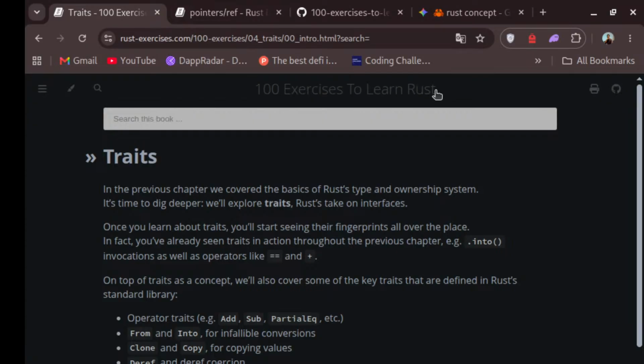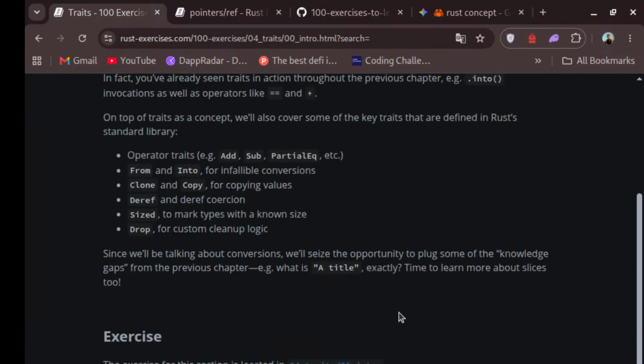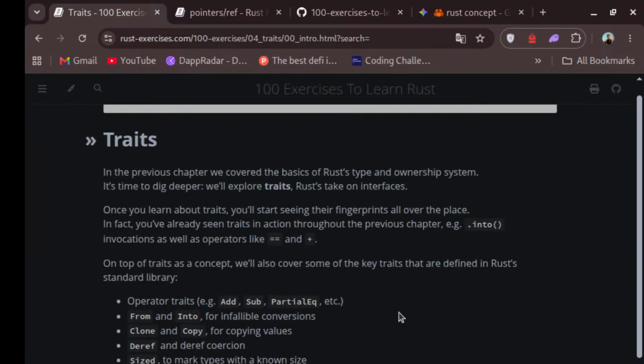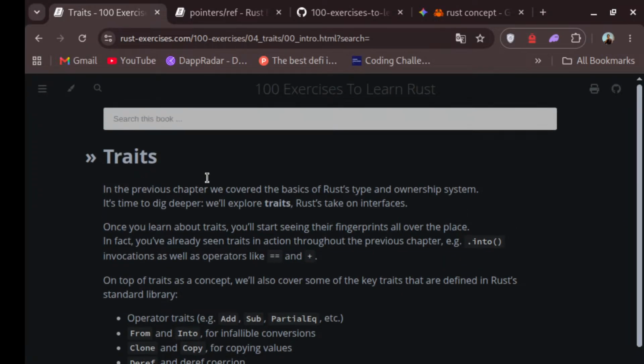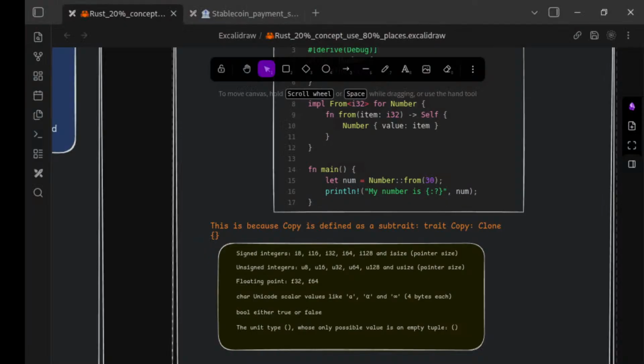This Rust exercise, the 100 exercises to learn Rust, is more useful and lightweight for me. That's why I am doing this.